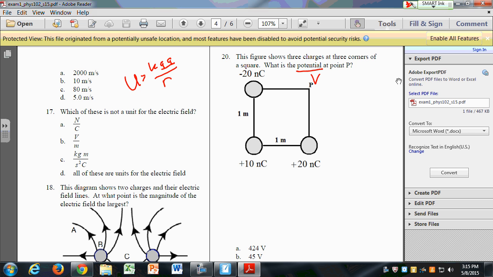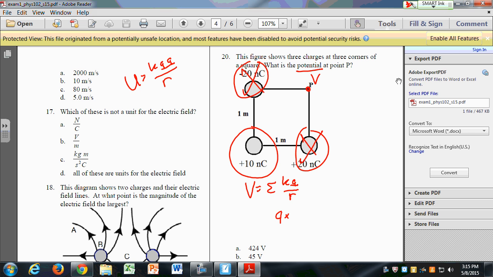So in order to do this, you just say V equals the sum of KQ over R for each individual particle. But again, this is a nice case where I see that there's some symmetry where I don't have to do the whole calculation because I have a positive and a negative charge. Both are equidistant from point P, so I know that their potentials cancel out. So really all I have to do is just consider the potential due to this charge.